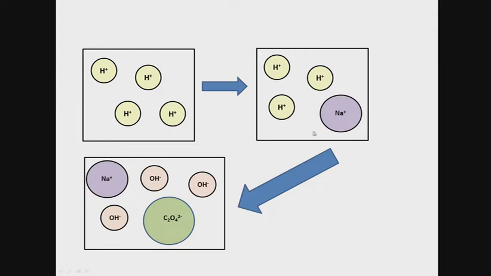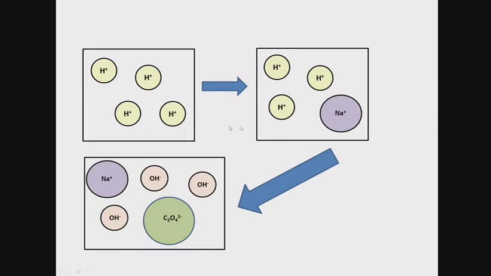So, in the beginning of the titration, the OH minus ion will combine with H plus ion, form H2O, and in turn the titration mixture will now have less of H plus ions and some low concentration of Na plus ions.